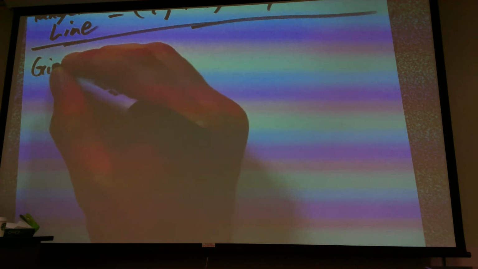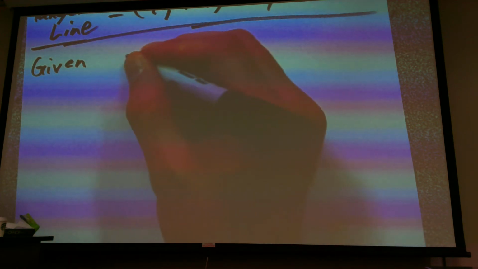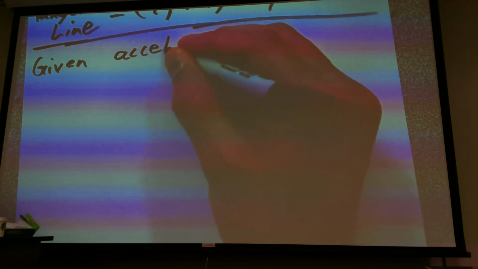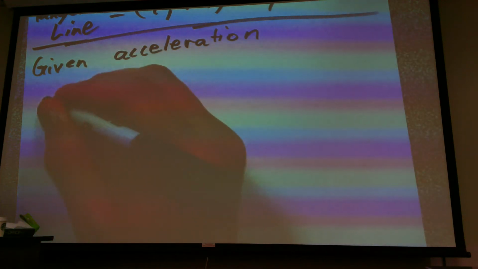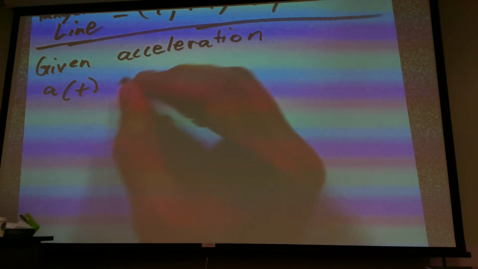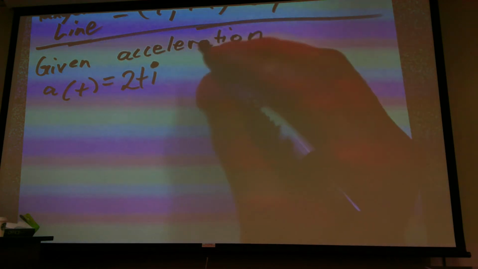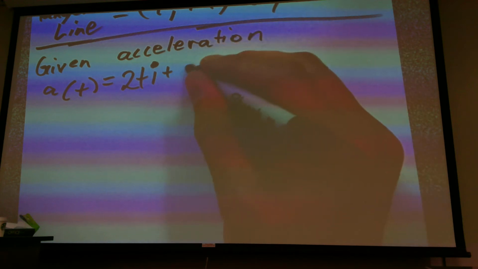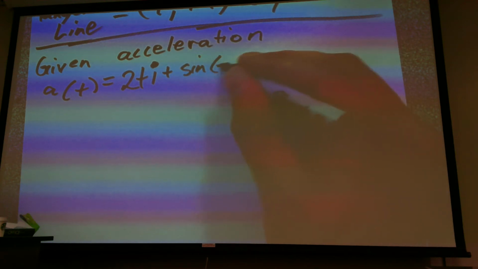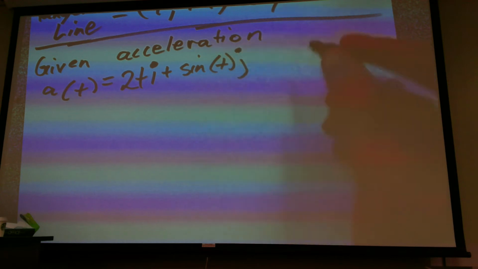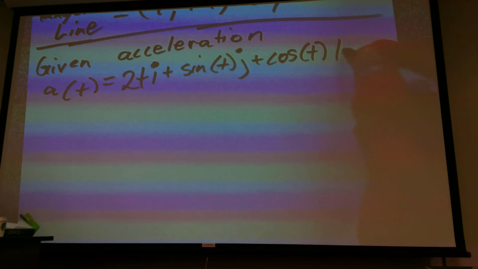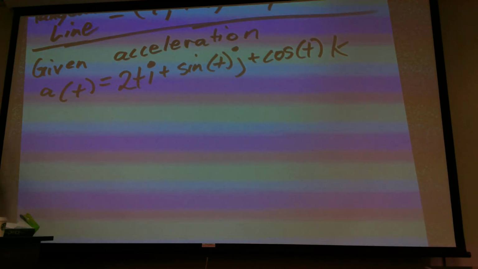All right. So let's say we're given an acceleration a of t is going to equal 2t times i plus sine of t times j, and then plus cosine of t times k.